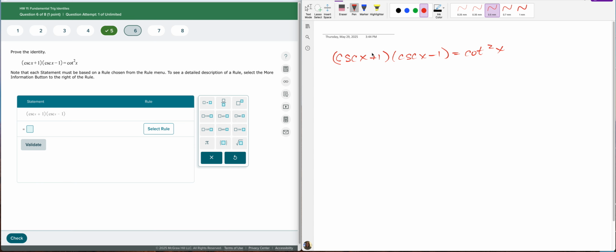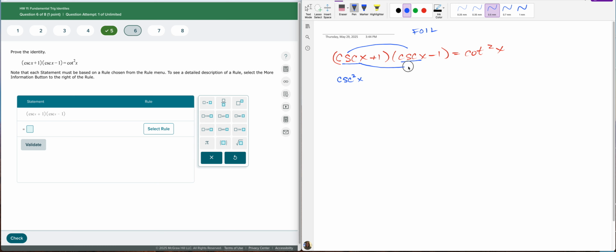Okay, so I'm going to multiply here. I am going to use FOIL, right? That's, remember, first, outside, inside, last, just like we did in algebra class. So when I multiply cosecant times itself, I get cosecant squared, and remember, we write that as cosecant squared x.